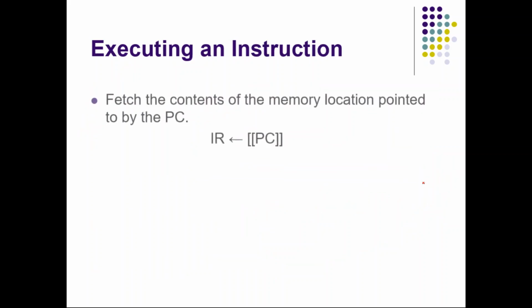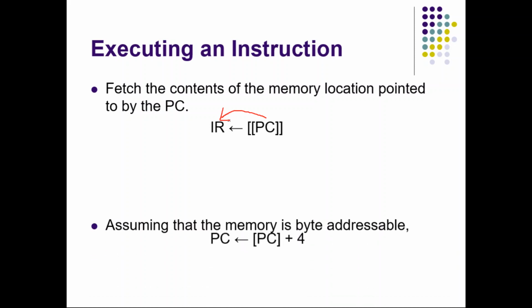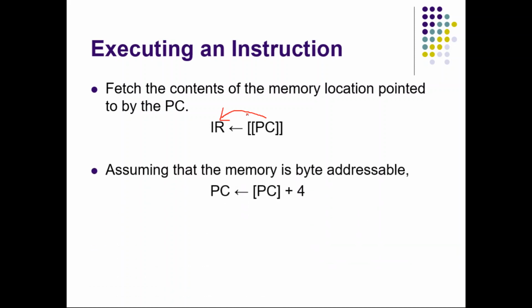This can be represented something like this: the content of PC represents some memory location, and that memory location contains the instruction that will be loaded into IR, the instruction register. These two steps put together are called instruction fetch.